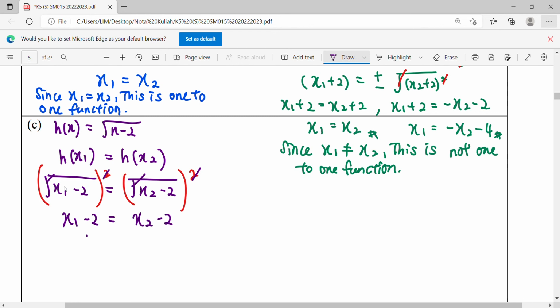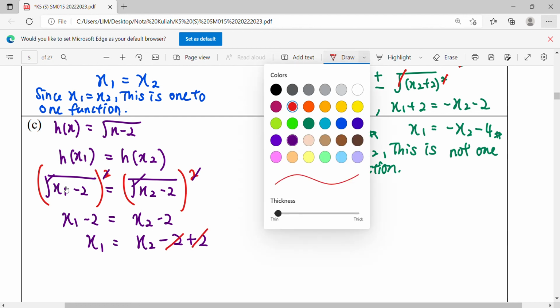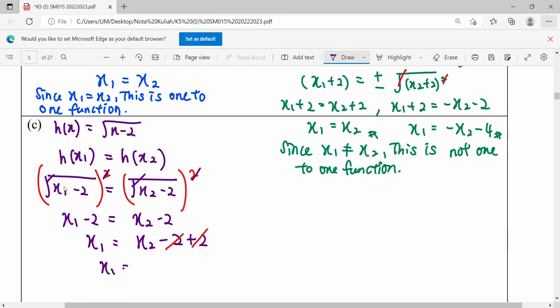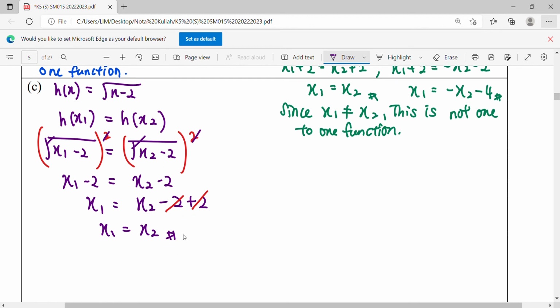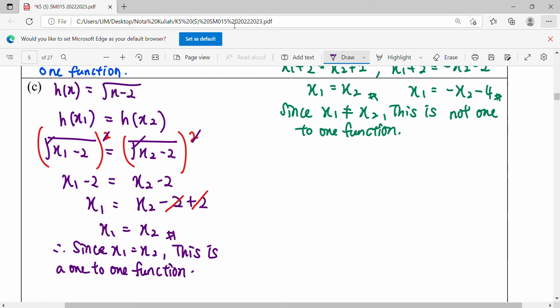So figure out your x1. Move the value 2 to the right hand side. You can notice that minus 2 plus 2 gets 0. So our result is x1 equals to x2 only. One result only. So from here, we can give the conclusion that since x1 equals to x2 only, this is a one-to-one function.